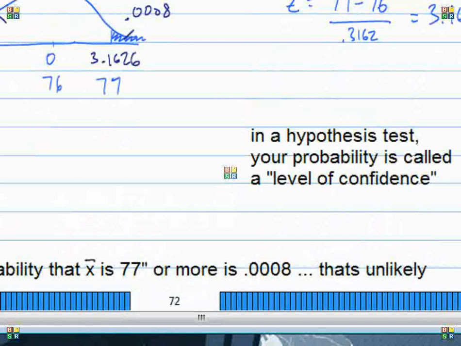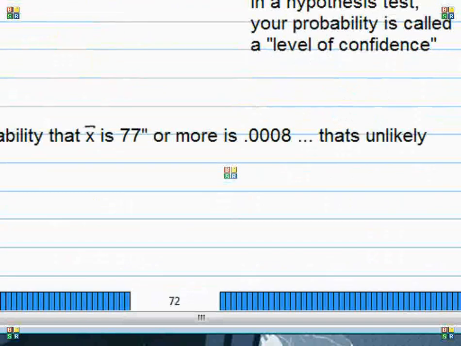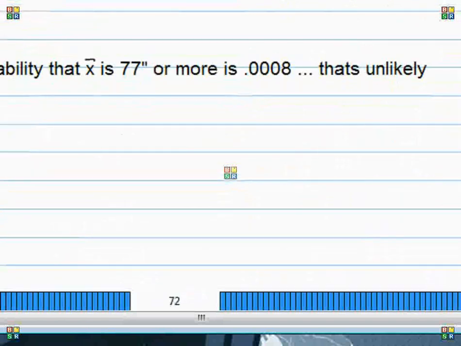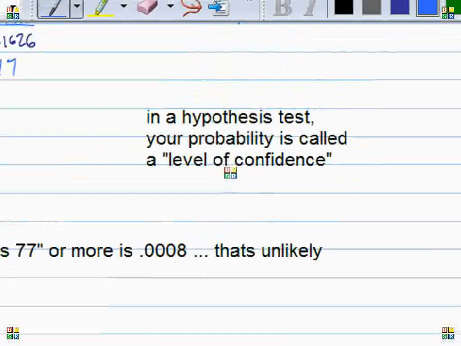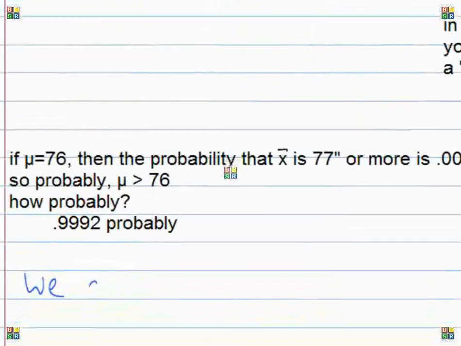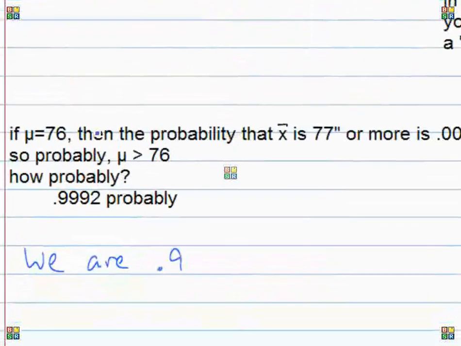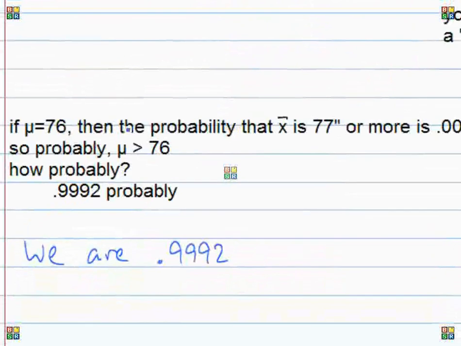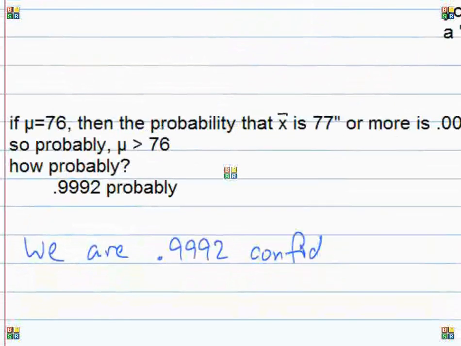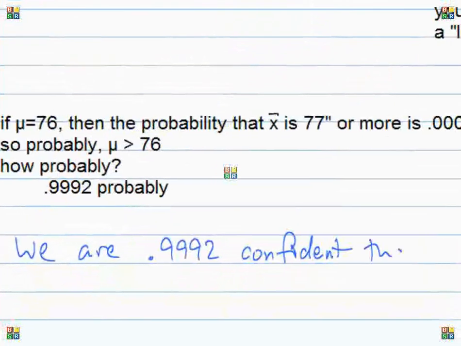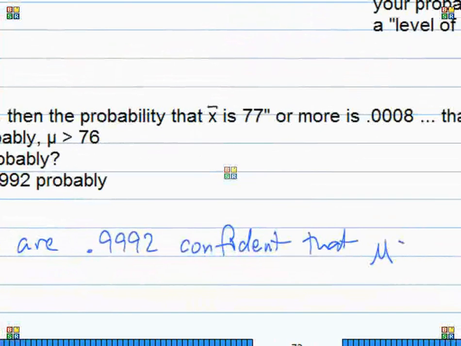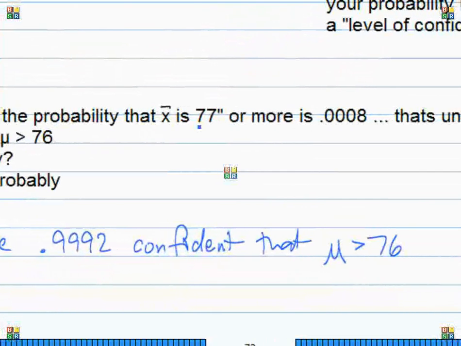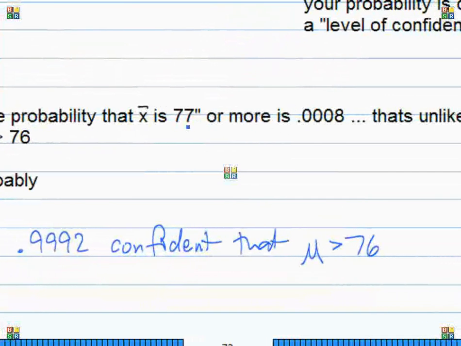So probably mu is greater than 76. How probably? 0.9992. So the way that we write that down is the following. We are 0.9992 confident that mu is greater than 76. So that's how we write this down.